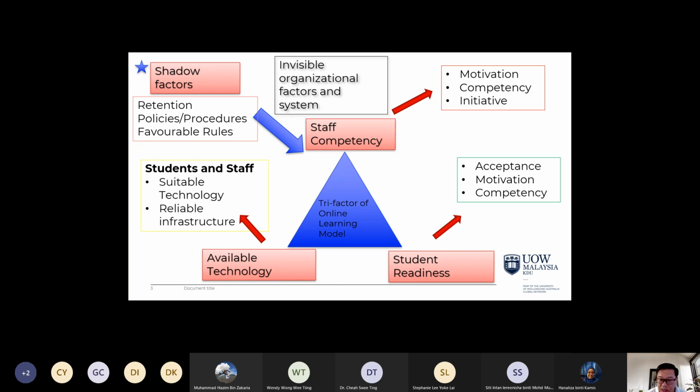Now, Penang colleagues, your computer, let's say you are doing online learning. Suddenly you want to install a software because you find it very good for students. Can you do it? Can or not? Can you install software on your own in your computer? Wendy, Dr. Chia, are you able to?